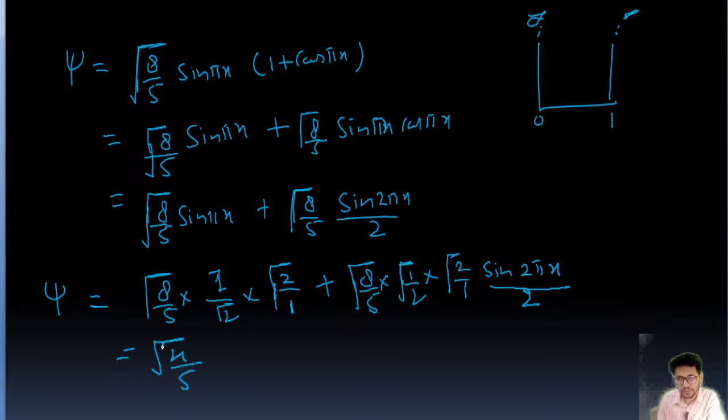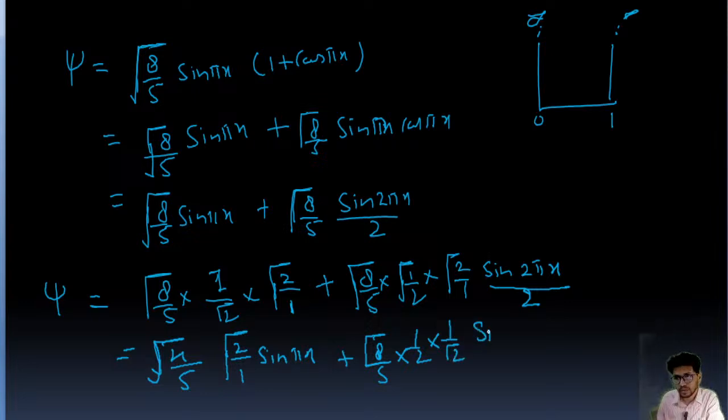Root 4 upon 5, root 2 upon 1 sine pi x plus, we will simplify this, root 8 upon 5 into 1 upon 2 into 1 upon root 2 into sine 2 pi x, right? So this value is going to be root 2 upon 1.